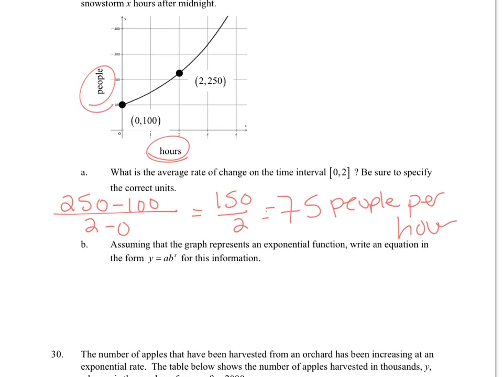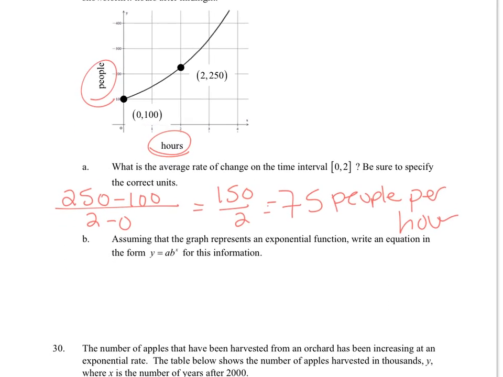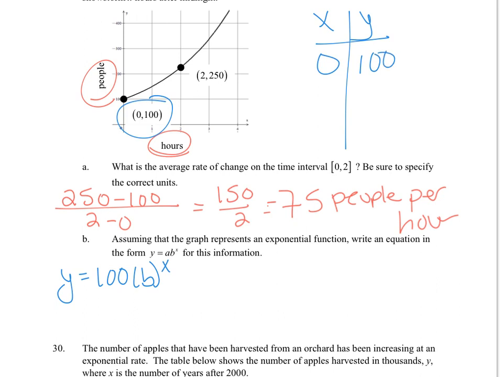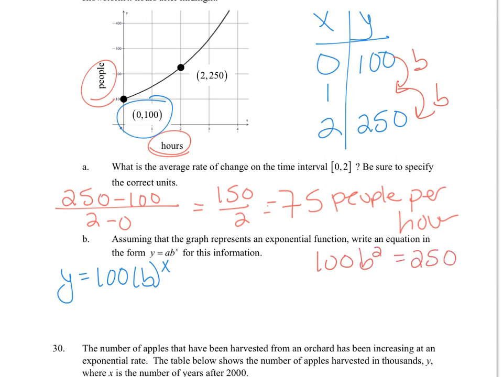Okay, so B is write an exponential function. A, our initial value is 100. Now we need to figure out the base. So we're going to multiply by the base twice to get to 250. That means 100 times the base squared equals 250.